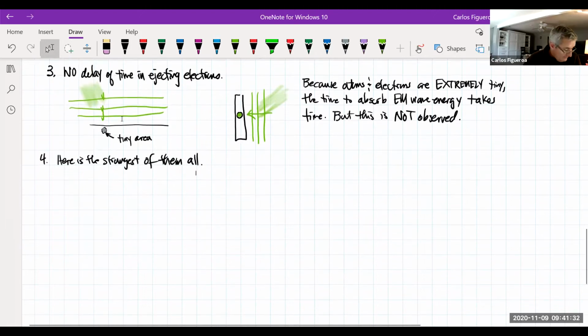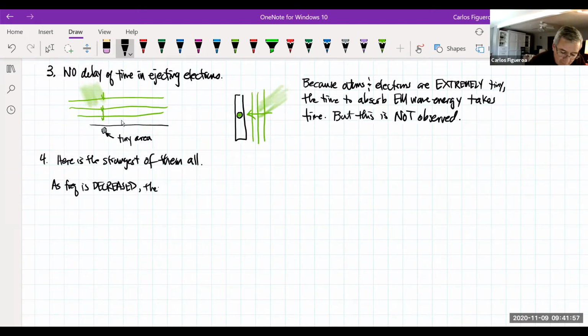So what you find here is that as frequency is decreased, there comes a point when electrons stop being ejected.